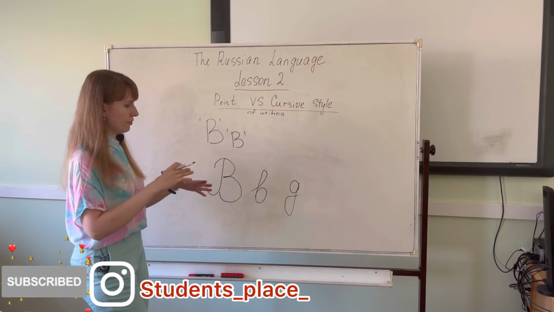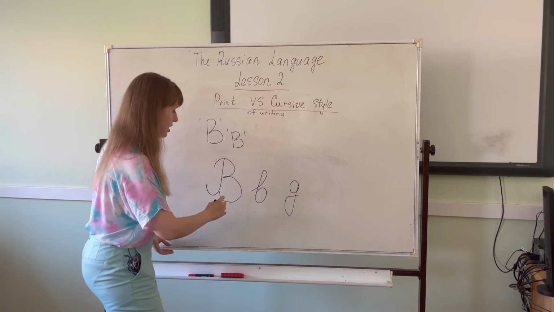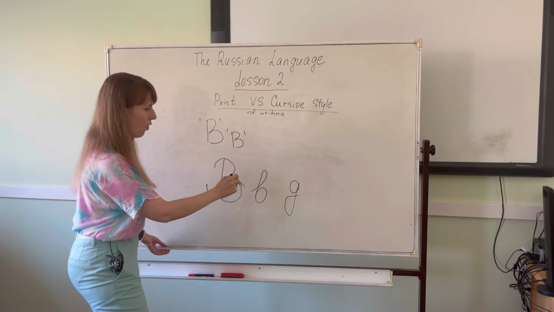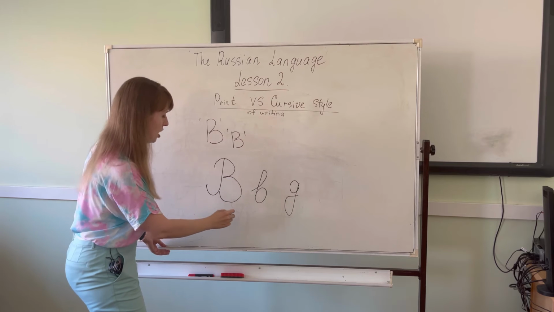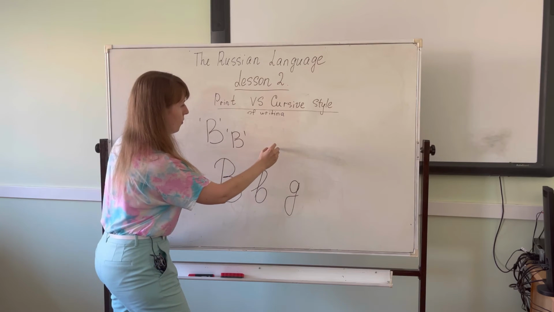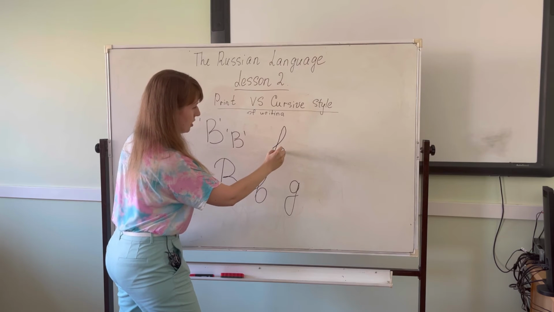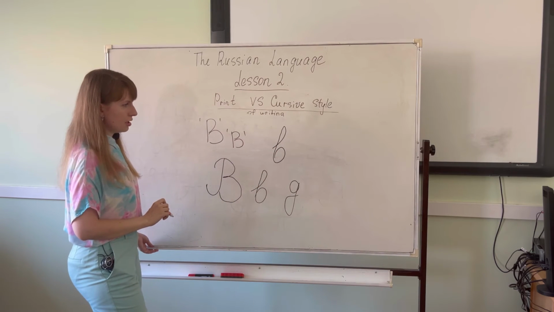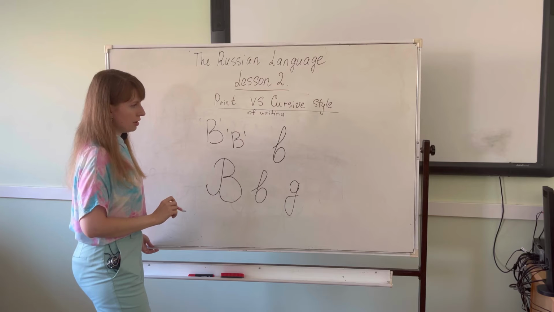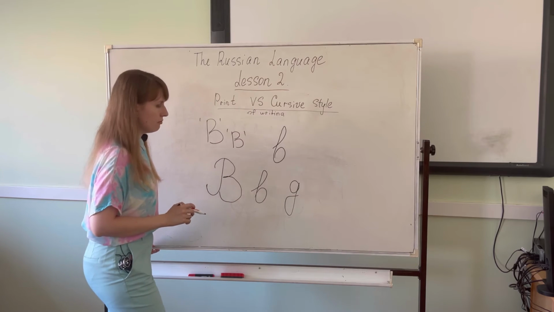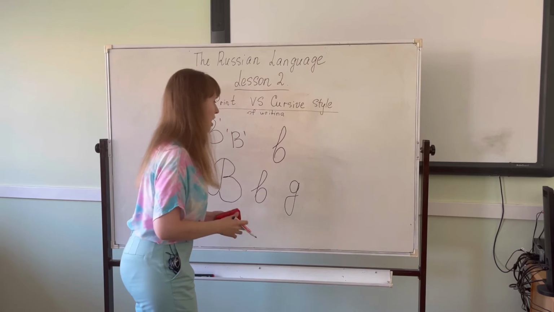Again, it consists of two loops. You start from one looping stroke, and another loop, like an oval, right? Just like an upside down G, exactly.